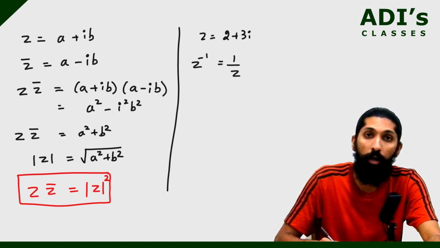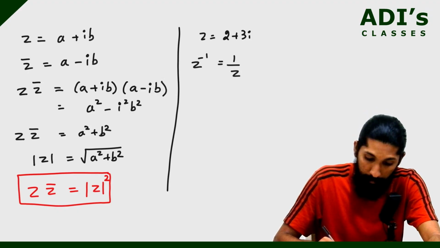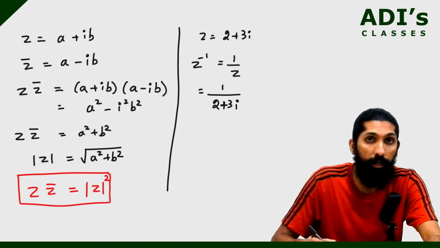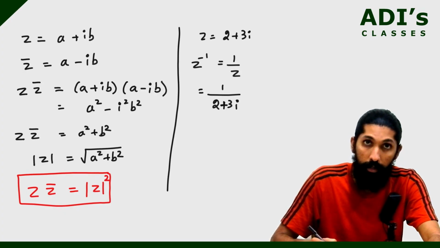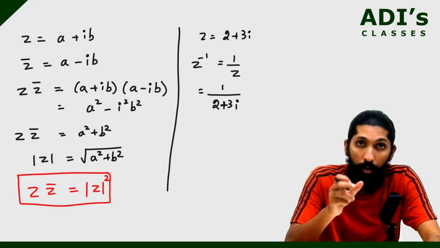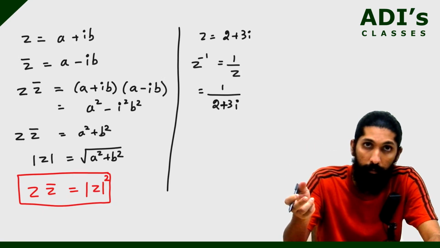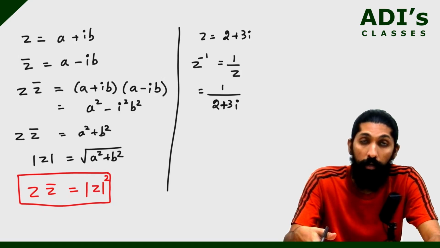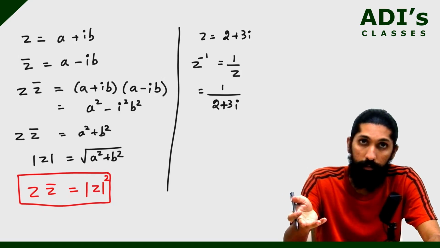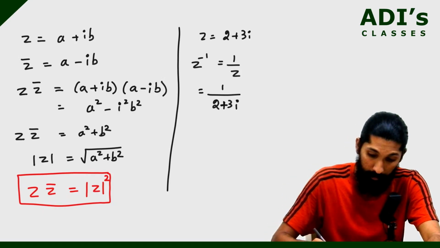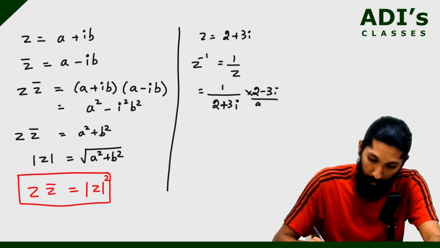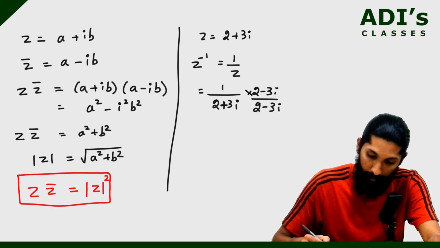Here, whenever you have 1 over z, it's basically 1 by 2 plus 3i. Here we multiply and divide by the conjugate. So you are doing z into z conjugate, which will give you mod of z whole square. In the sense, here we are doing 2 minus 3i over 2 minus 3i.